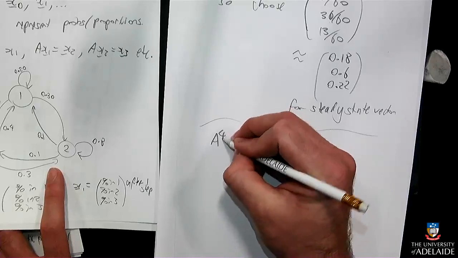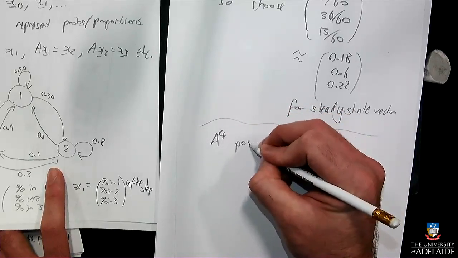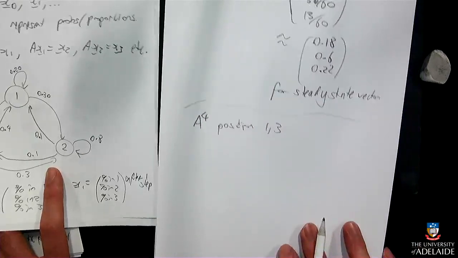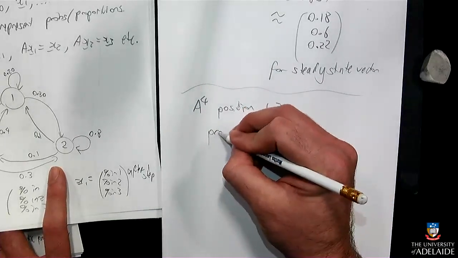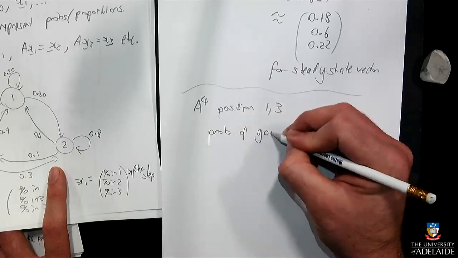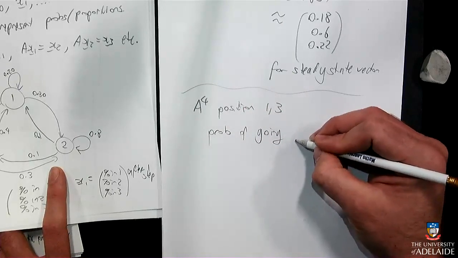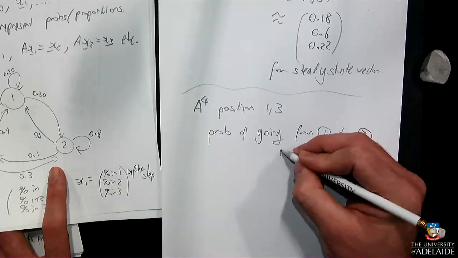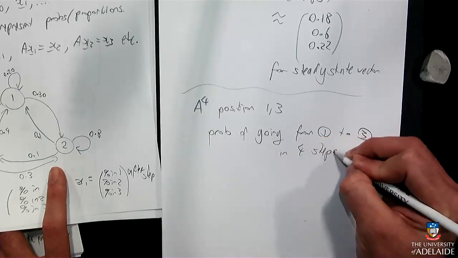So A to the 4, position 1, 3, tells you the probability of going from 1 to 3 in 4 steps.